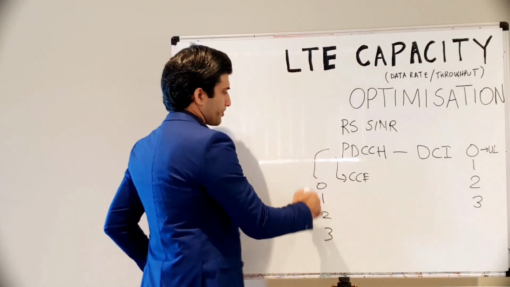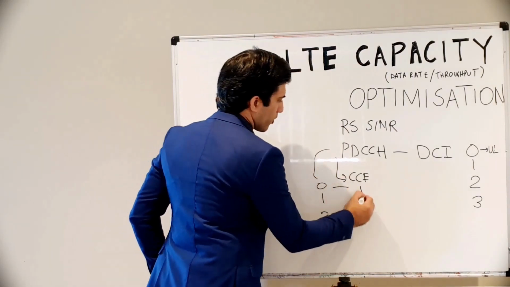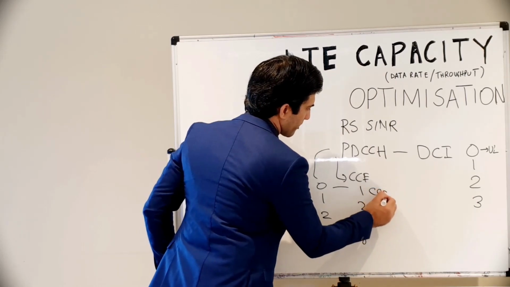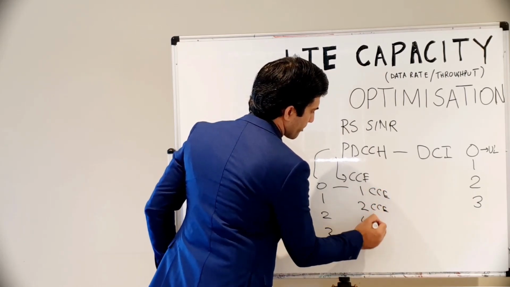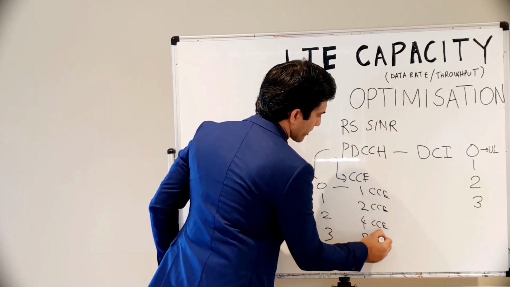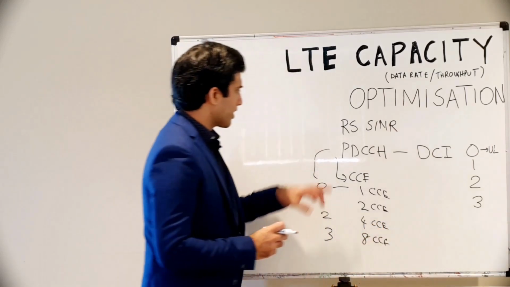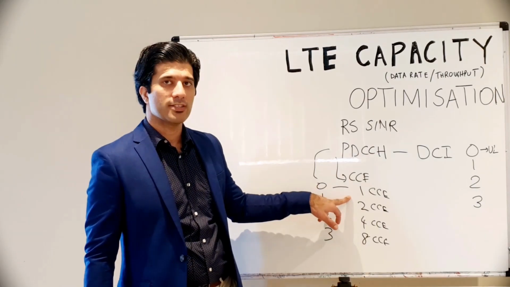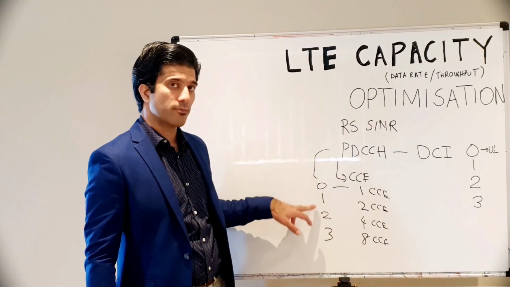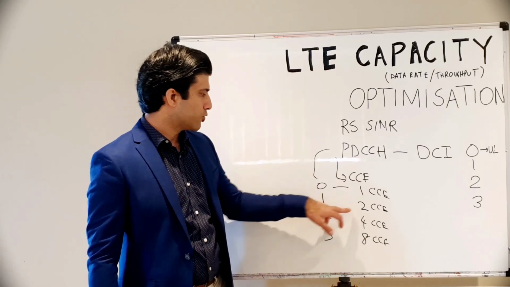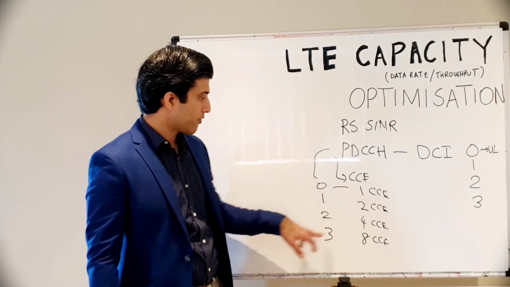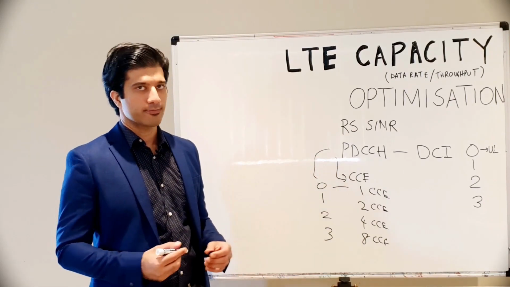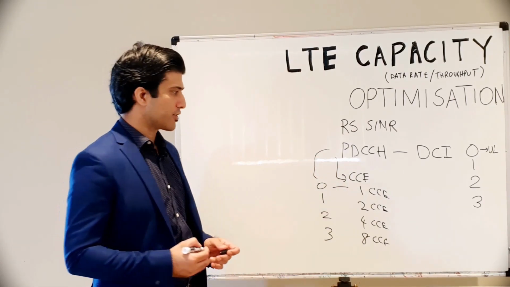So you have 1, 2, 4 and 8 CCEs. If we are using PDCCH format 0, we will have one control channel element. If we are using format 1, then 2, format 2 then 4, and format 3 then 8. So you can aggregate these control channel elements to provide the PDCCH information.